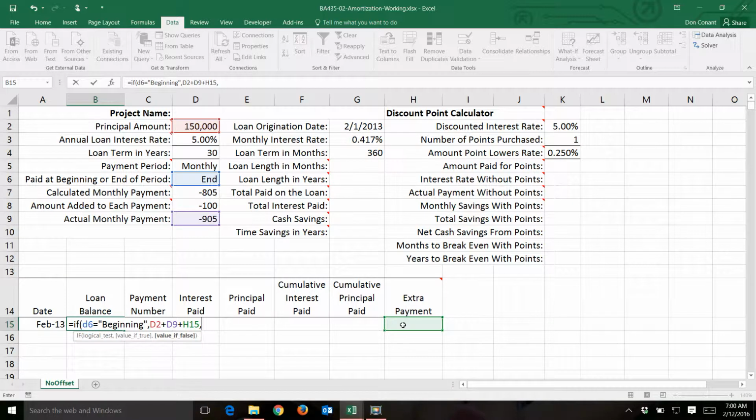Now, if it isn't beginning, if it's end, then we need to accrue some interest to this loan balance. It's sat there for 30 days, the $150,000 in this case, sat there for 30 days and accrued interest at the monthly interest rate. So we're going to take that value in D2, type D2, I can point to it, and we're going to increase it by the periodic interest rate, in this case the monthly interest rate.